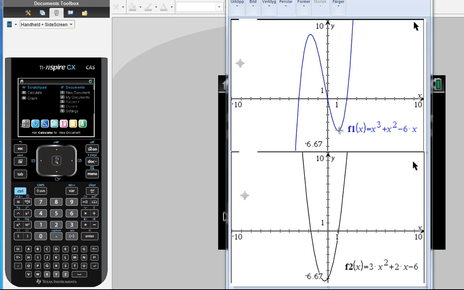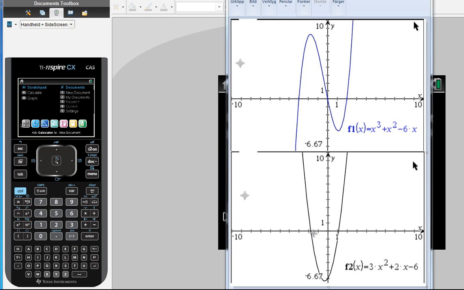Then the other 0 would be when x is about 1, maybe a little bit more than 1. It should also be 0. So let's go here to the curve, the graph of the derivative. When x is a little bit more than 1, the y value is 0. So we have another 0.